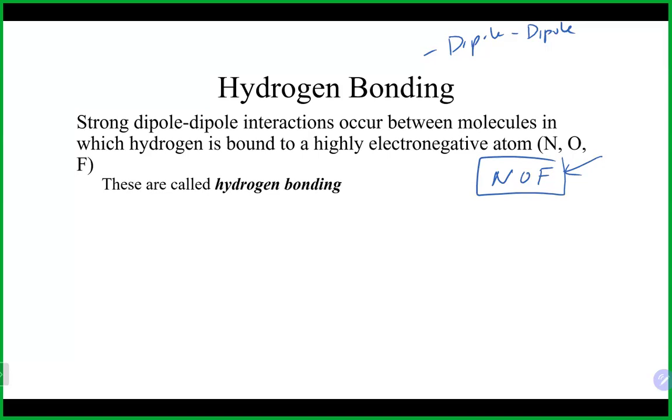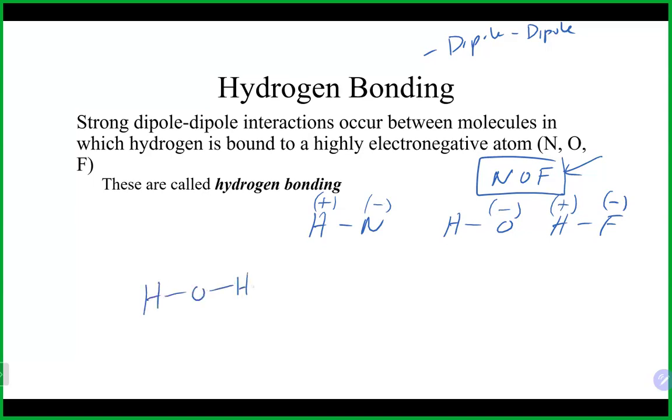So when you have hydrogen bound to nitrogen, oxygen, or fluorine, you're going to have a big separation in electronegativity values, and you will create polar bonds that allow it to do what is known as hydrogen bonding.